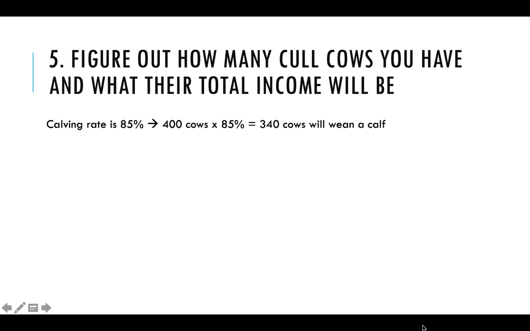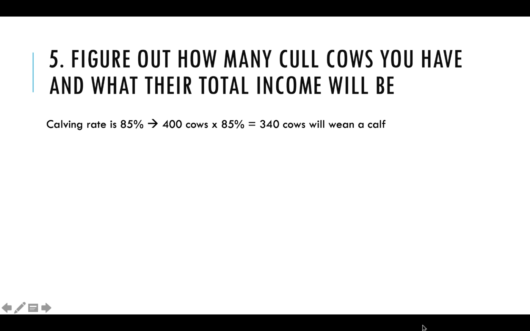And finally, the last piece of information that we need before we can calculate the income stream has to do with our cull cows. So step number 5 is to figure out how many cull cows we have and what their total income will be. And so the scenario told us that the calving rate for the cows is 85%.